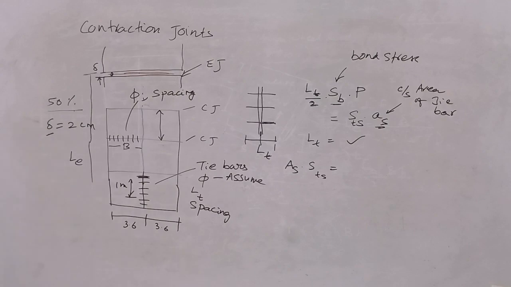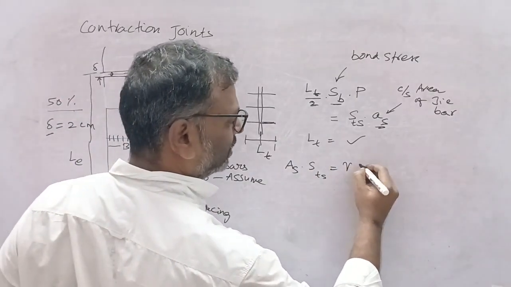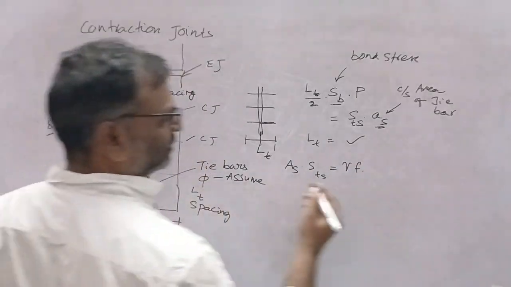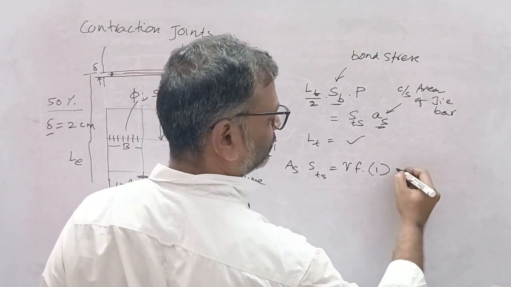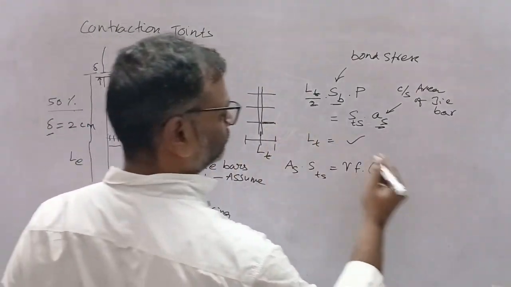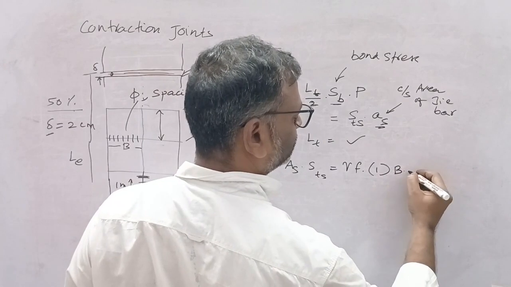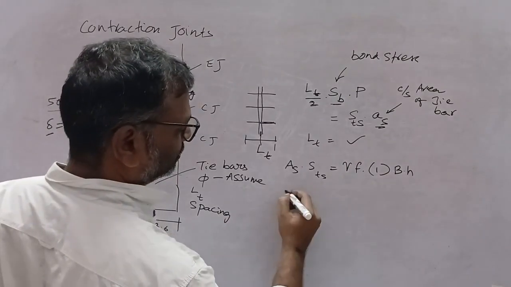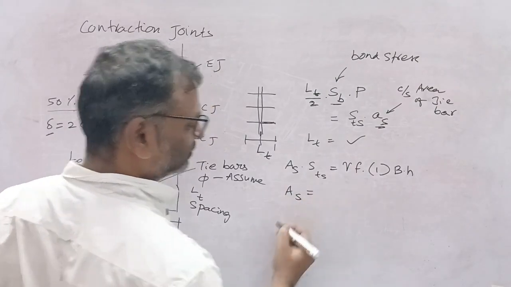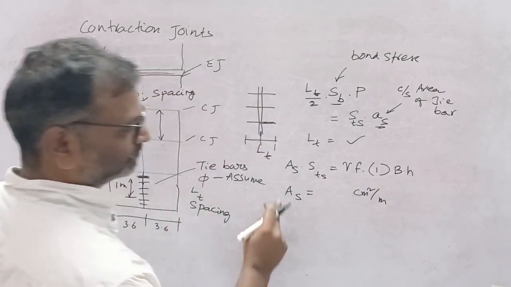that is equal to, as we have already discussed, gamma F, and L we are taking 1 meter, and then B to H. And from this you will get area of steel in centimeter square per meter, right?